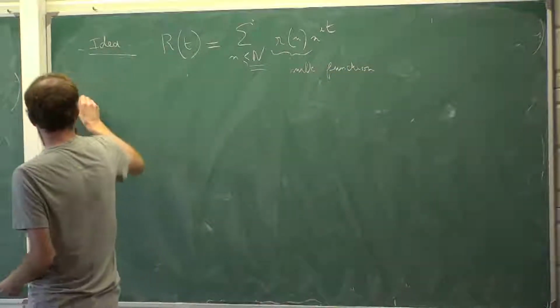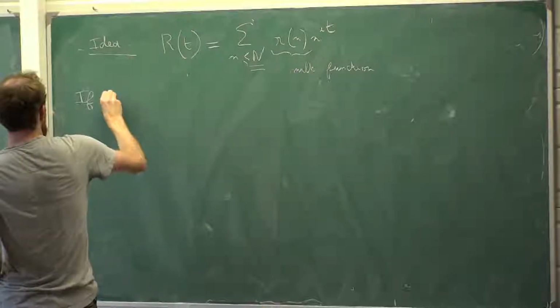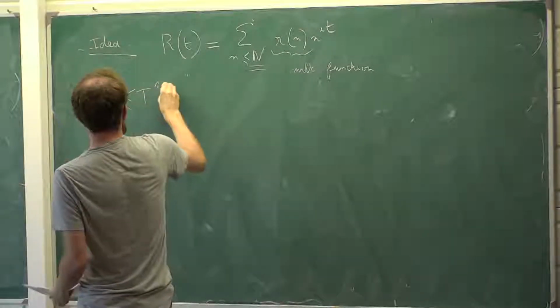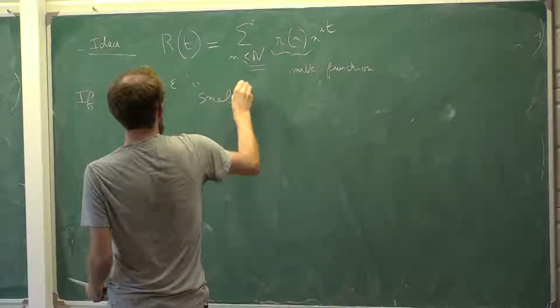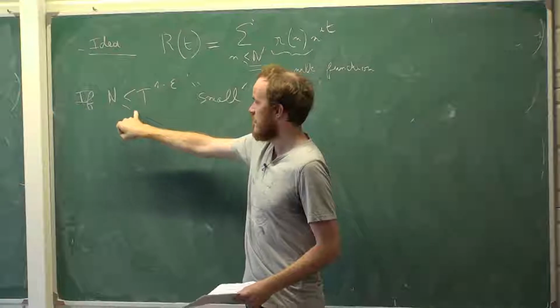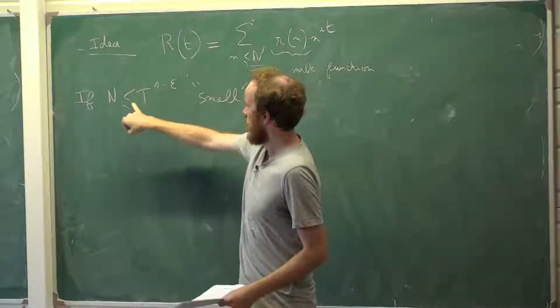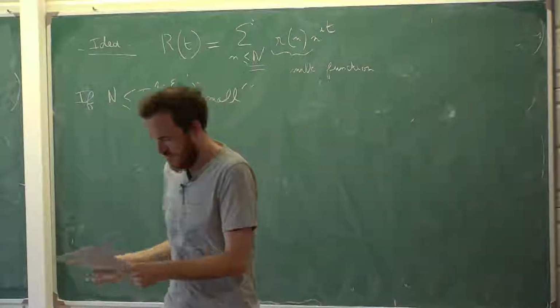So what was done is that n is small. You are interested in values of size t, and with this method you can actually choose n up to t a bit smaller, t to the 1 minus epsilon.